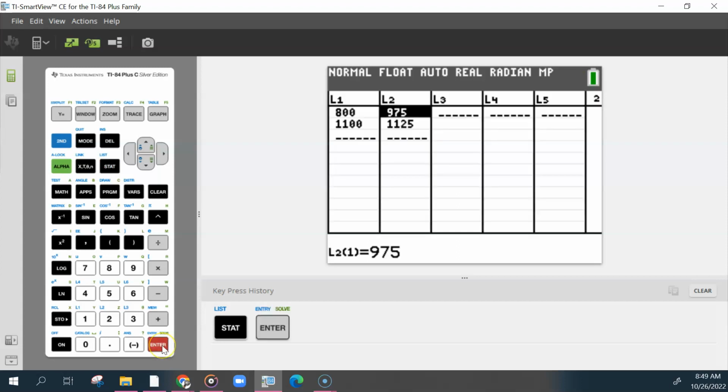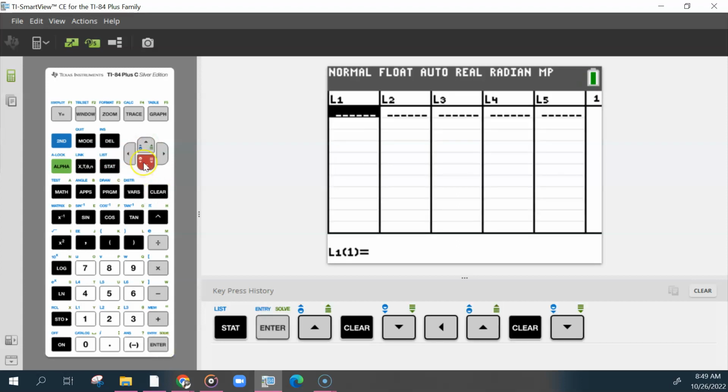Stat, edit, put your data in. If there's anything in there, clear it. You don't have to redo this part with me, but you can to get practice if you so choose.